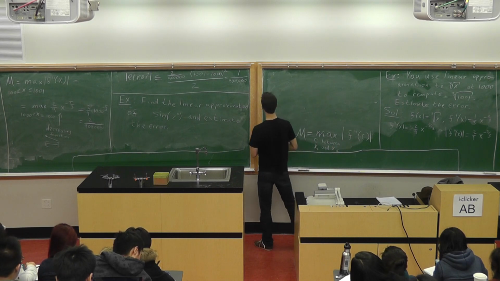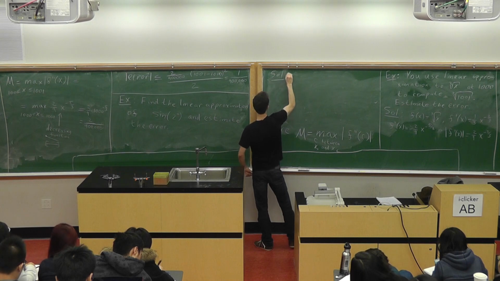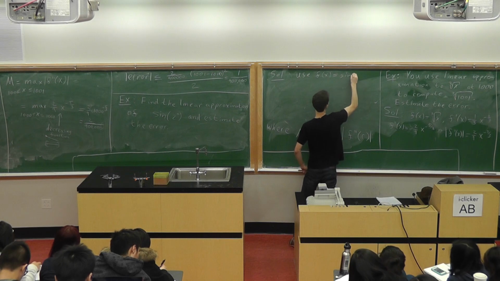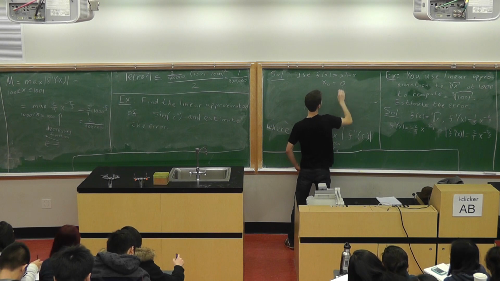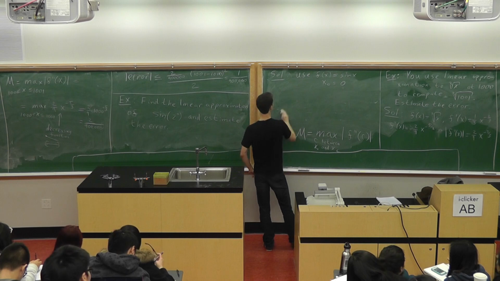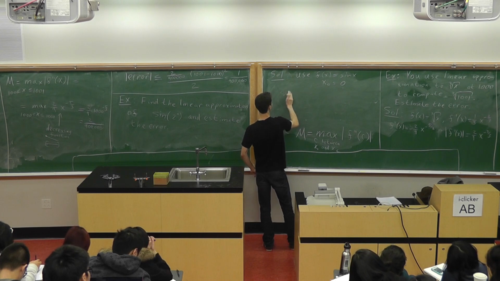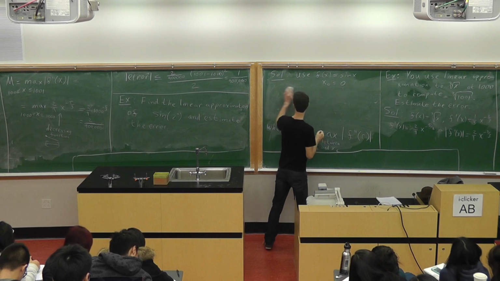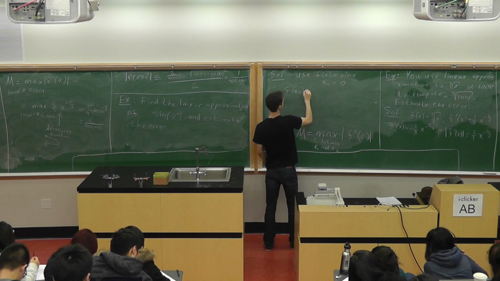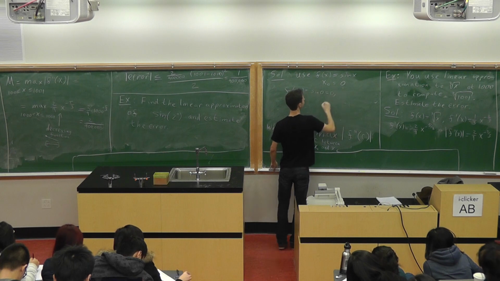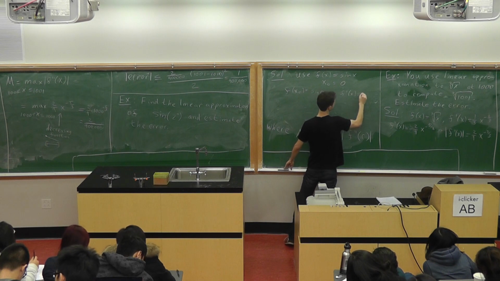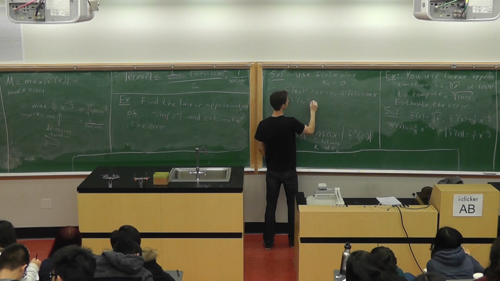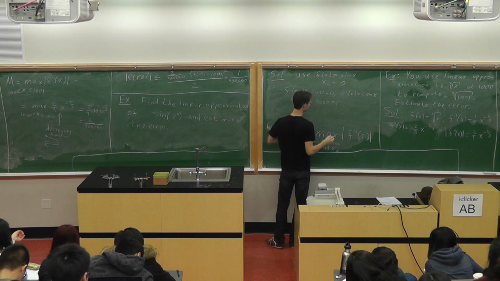Then we know that to actually find the linear approximation, we'll have to convert degrees to radians. So solution: use f of x equals sine of x, x naught equal to 0. First we need f of x naught, which is sine of 0, which is 0. f prime of x is cosine of x, f prime of x naught is cosine of 0, which is 1.